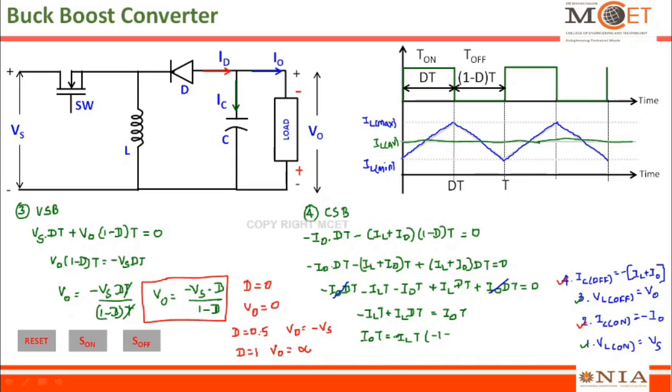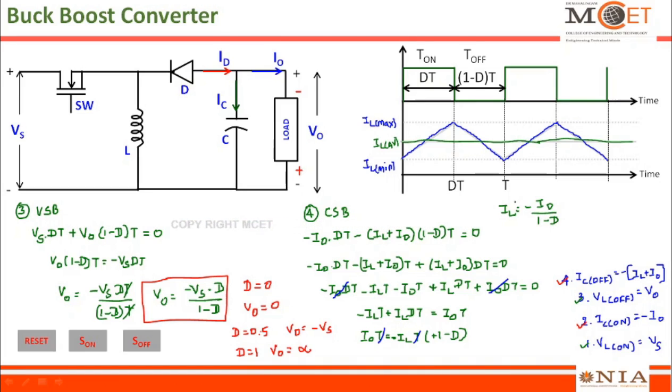So this T and this T will get cancelled. Finally, from this expression I will get IL is equal to minus I0 whole divided by 1 minus D.